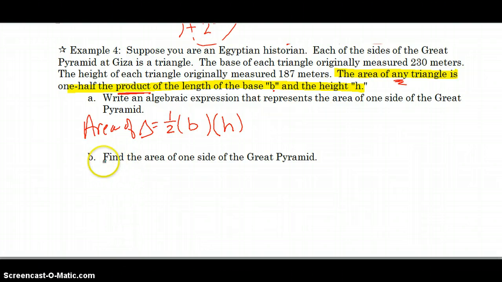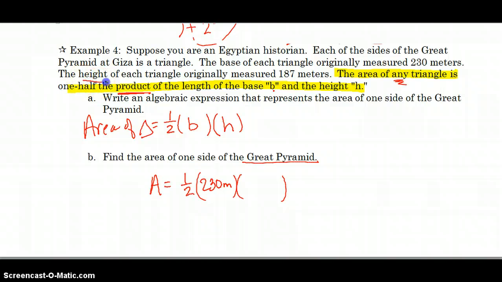All right, so part B says to find the area of the Great Pyramid. So that means I need to know what the base is and I need to know what the height is. So let's go back through all those words. The base of each of the sides was 230 meters, and the height, here's height, measured 187 meters.